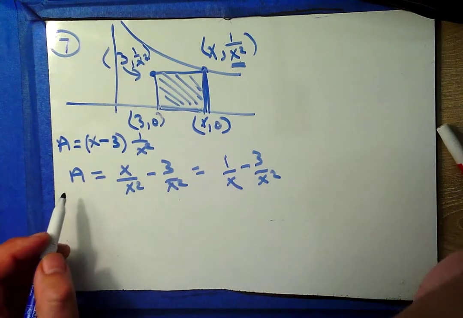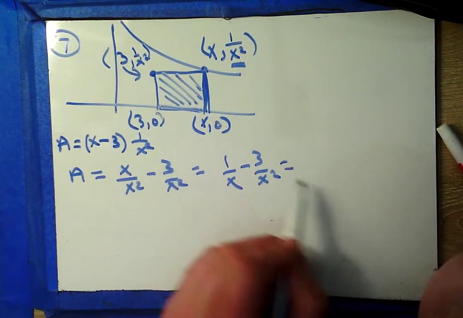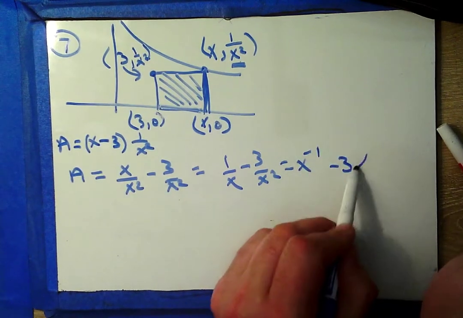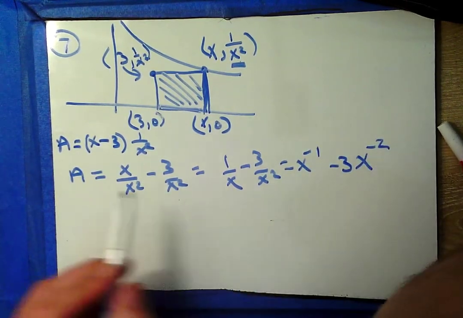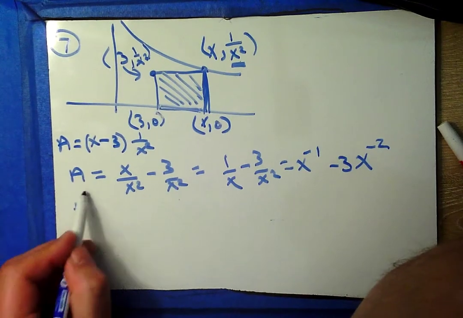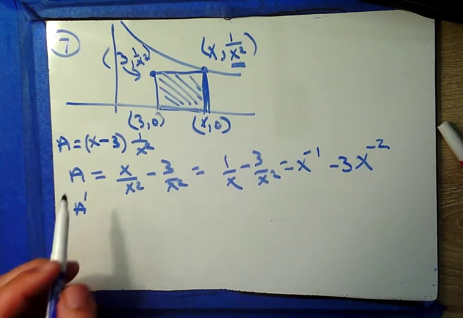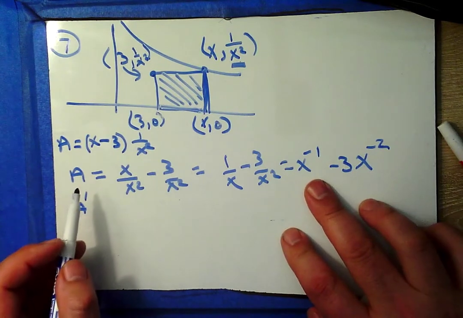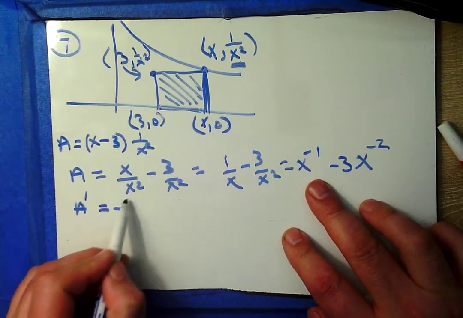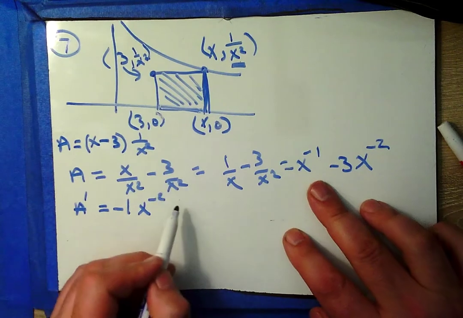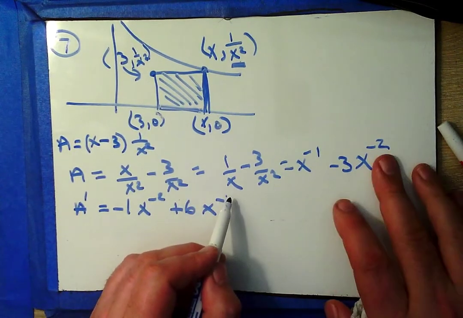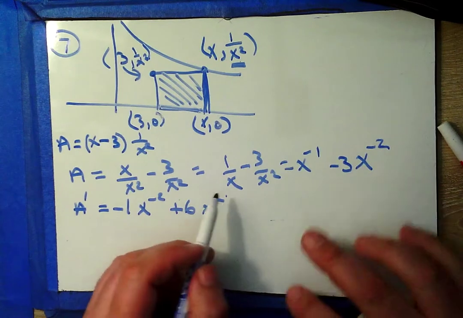Yep. All right, and they want to know maximum area, which means I want to take the derivative of this. So it may be useful for us to write this as x to the minus 1 minus 3x to the minus 2. And so A prime then is going to be negative 1x to the minus 2 plus 6x to the minus 3.